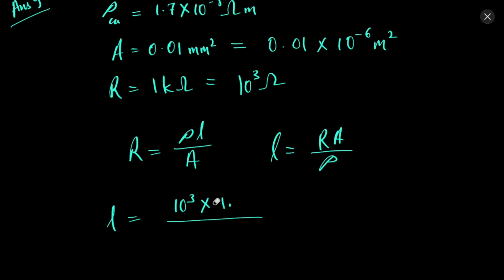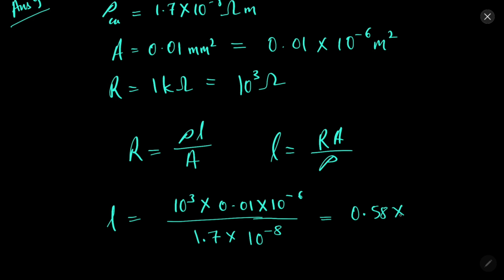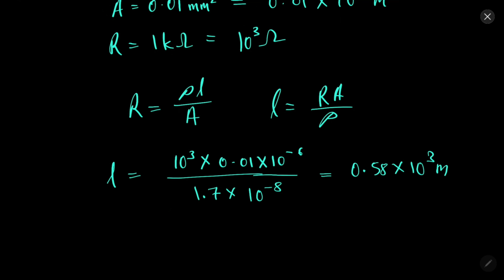Area is 0.01 into 10 to the power minus 6, and then over resistivity, which is 1.7 into 10 to the power minus 8. So after solving this, we will get approximately 0.58 into 10 to the power 3 meters. So the length will be approximately 0.6 kilometers.